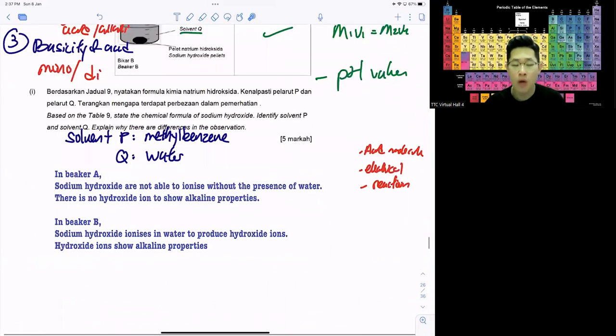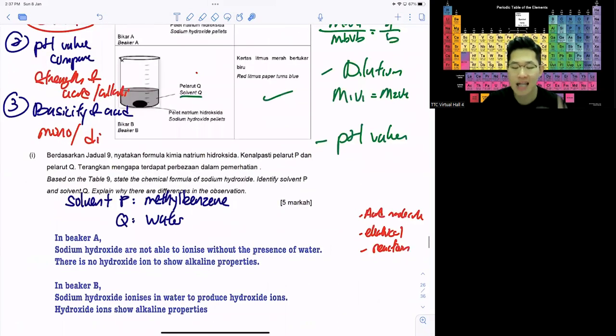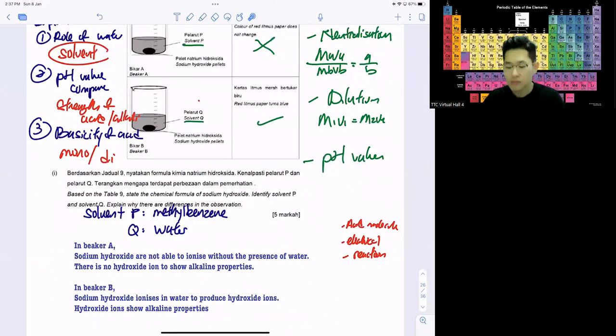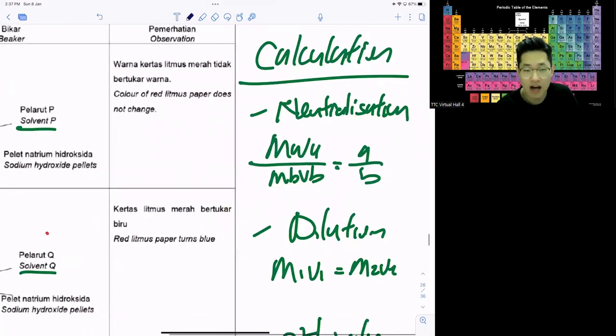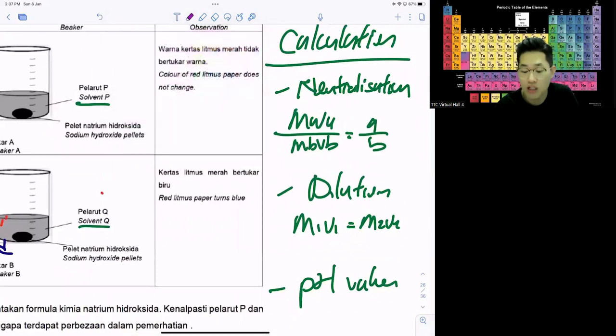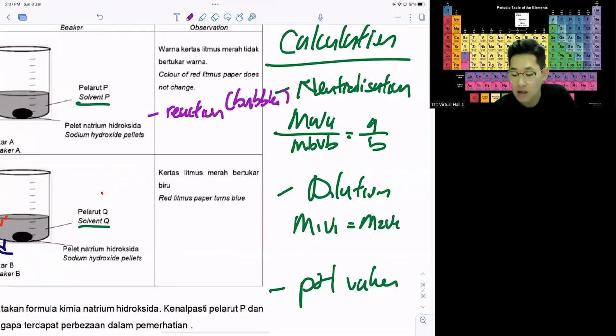So there are other ways they can set this question. If they don't want to give you the litmus paper to show property, they can use reaction. That means one beaker has reaction, has bubbles. Another one doesn't have bubbles. So that you know which one is water, which one is organic solvent.